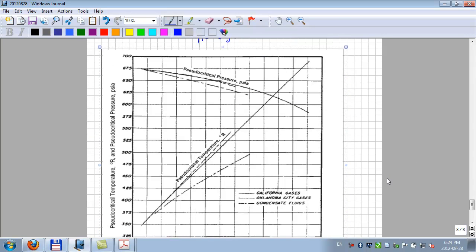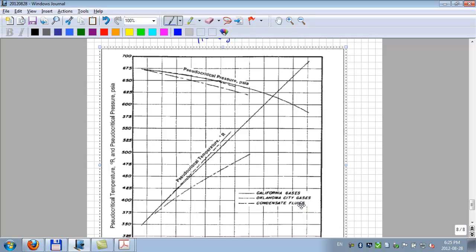And the correlation is not completely unique. You can see they have a correlation for California gases, for Oklahoma City gases, and what are called condensate fluids. The condensate fluids are these fluids that contain a lot of this C7 plus stuff, as much as 10, maybe 15 mole percent C7 plus.